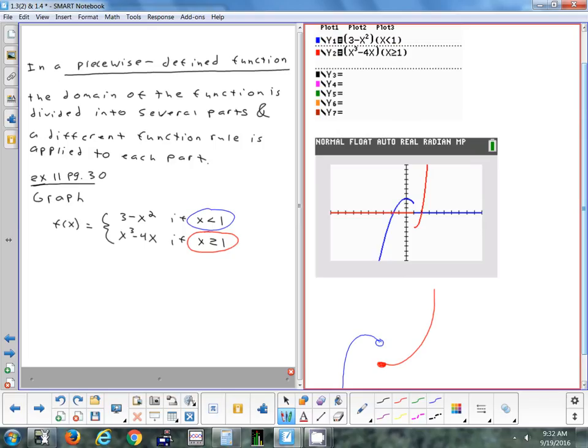That's the last new thing today. Now we're just going to do a quick little review of some basic stuff. If you ever had a third condition, just type it in on y3, just like we did the first two. But usually piecewise functions have two conditions.